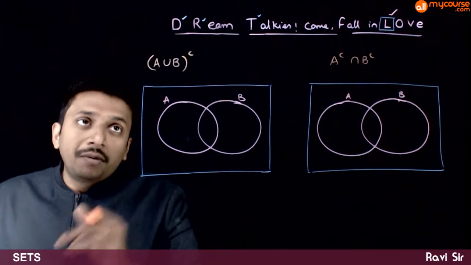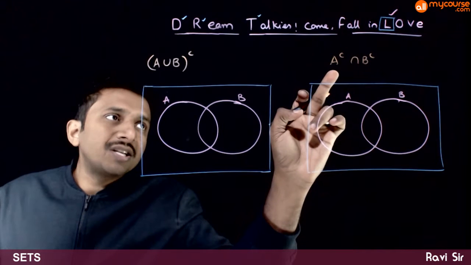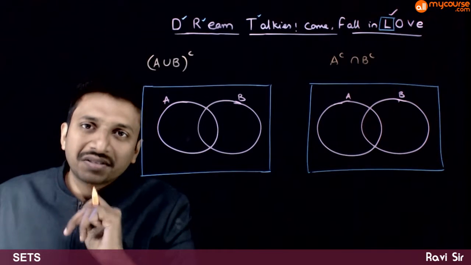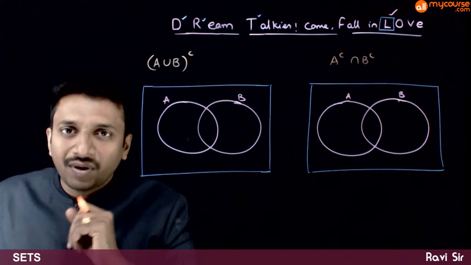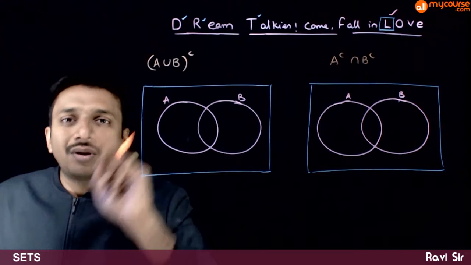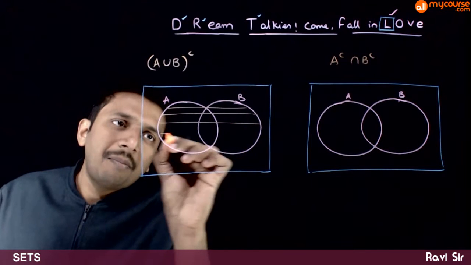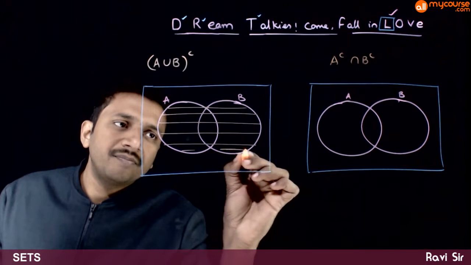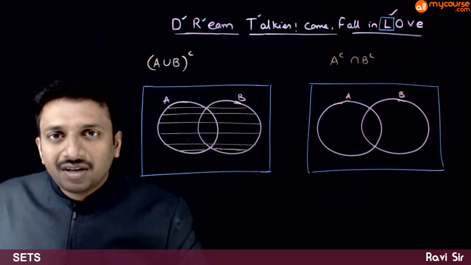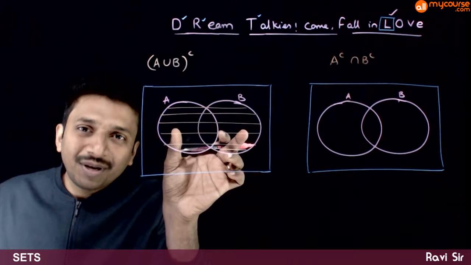To prove De Morgan's law, let us plot the region corresponding to A union B whole complement, and the region corresponding to A complement intersection B complement. If both represent the same regions, then I can say that these two sets are equal, right? First, let us shade the region corresponding to A union B whole complement. You know what A union B is. So this is my A union B. A union B whole complement is nothing but all the elements except A union B. Yes, I need to remove this.